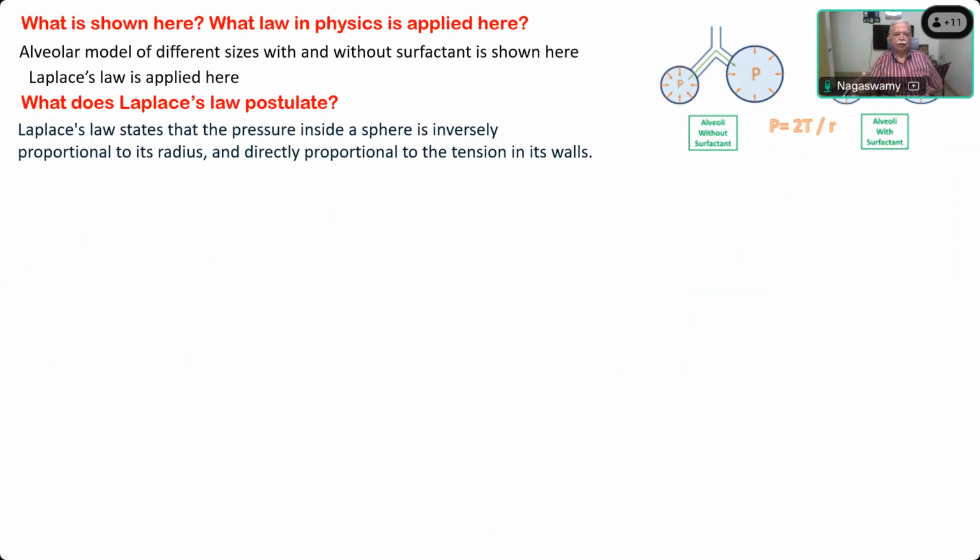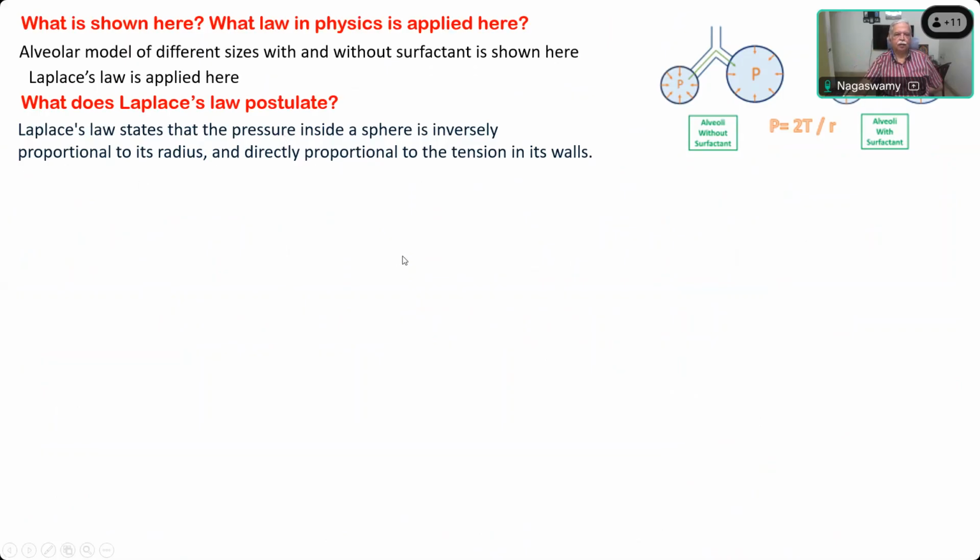And it is directly proportional to the tension in the walls of the sphere or the tube. So higher the wall tension, higher the pressure. Lesser the wall tension, lesser the pressure. Whereas with radius, higher the radius, lesser the pressure. Lesser the radius, higher the pressure. That is inversely proportional. So the relationship between pressure, radius, and tension is described in this.